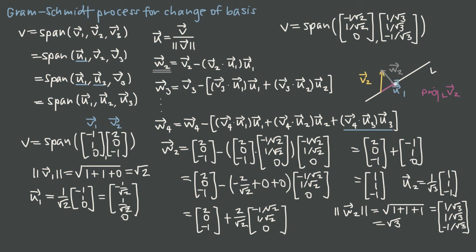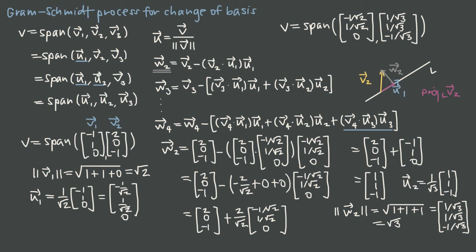The only difference is that as you keep going on to v3 and v4 and v5, the subspace adds a dimension. So here, to get u2, we're using w2, but we are projecting onto a one-dimensional subspace, the line L. Once you already have both u1 and u2, and then you're trying to find v3, this same concept applies, except that you imagine that u1 and u2 are in the same plane together, as opposed to u1 being on a line.